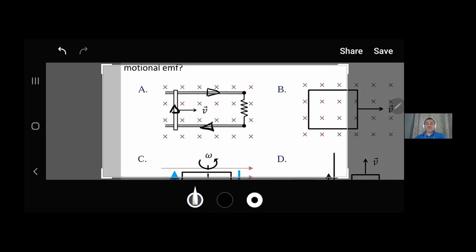Yes, it is inducing electromotive force. So the opposing magnetic field will be pointing into the screen, and then based on the right-hand rule, the current will be going in this direction. So there will be an induced electromotive force.